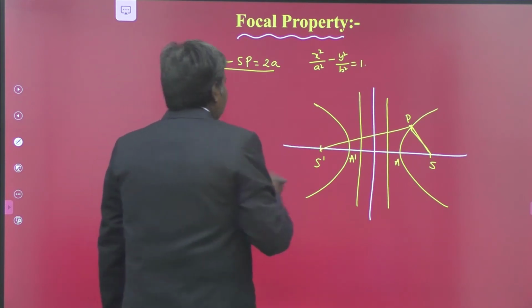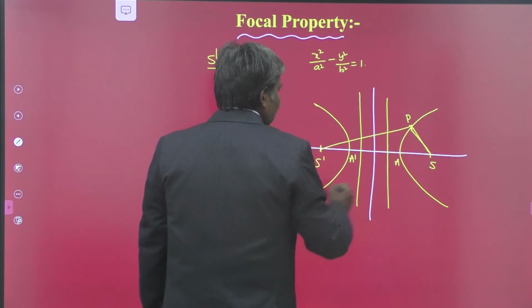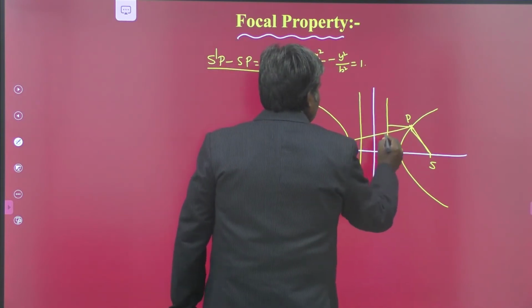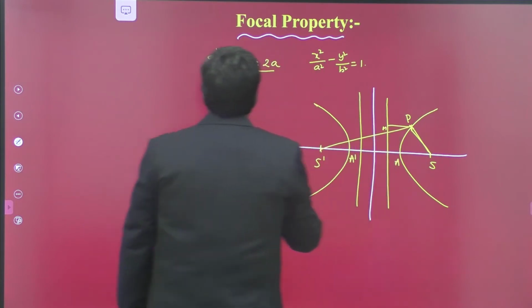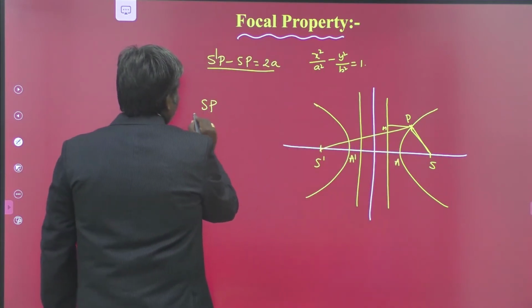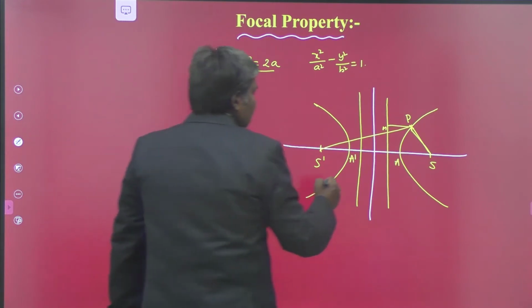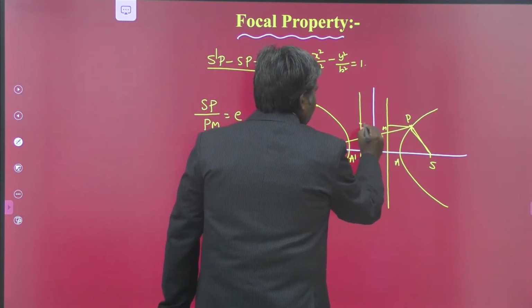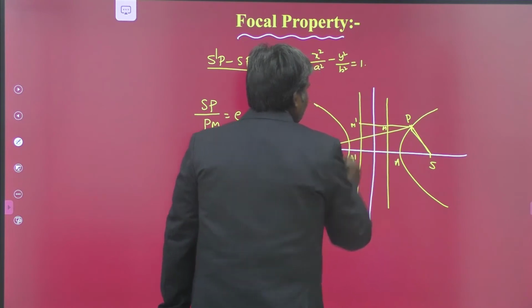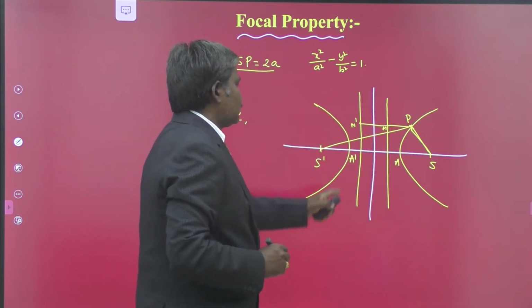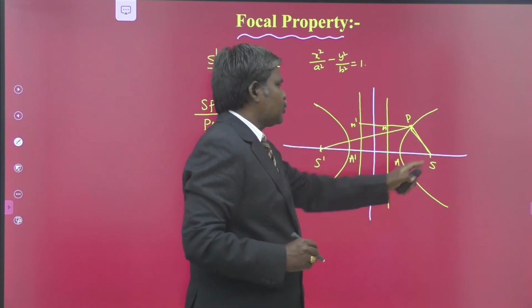Now, by the definition of the hyperbola itself, SP by PM is equal to what? SP by PM is equal to E, as well as S dash P by PM dash is also E. So this is the corresponding directrix to this focus, and this is the corresponding directrix to this focus.